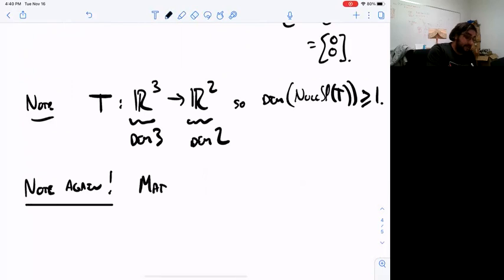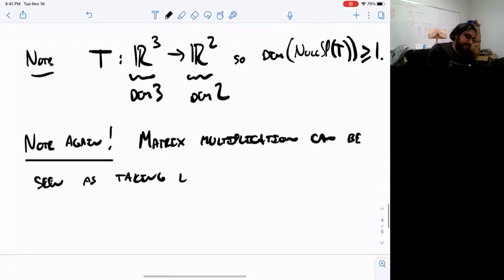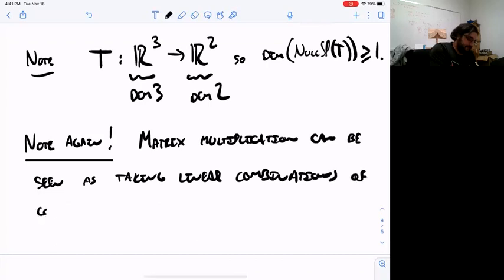Matrix multiplication can be viewed, right, it can be seen as the art of taking linear combinations of column vectors. And how so?